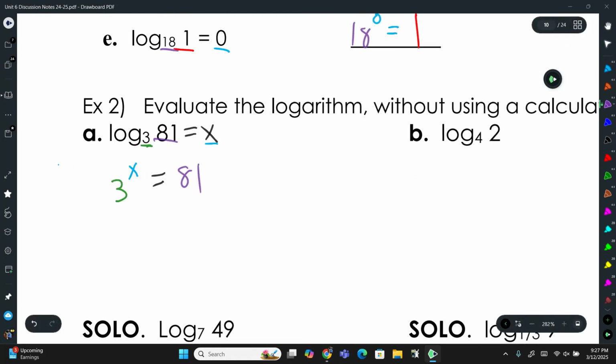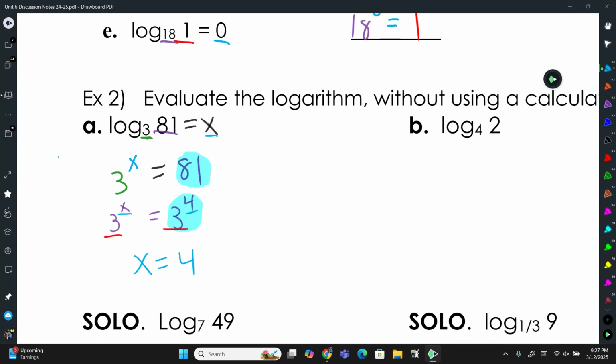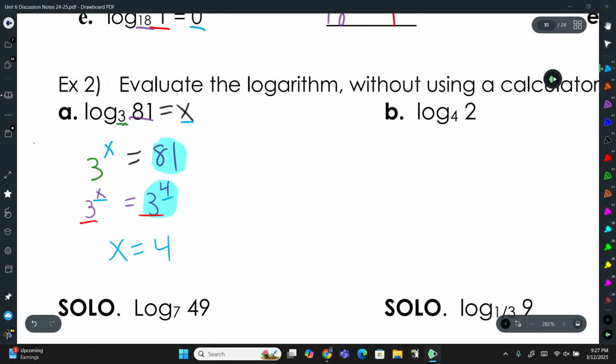Like, we need to know that 81 is 3 to the 4th power, because now the left side is 3 to the x, but instead of writing 81 as 81, we're going to write it as 3 to the 4th. These two are the same. Now, if our bases are the same, that means our exponents have to be the same, so x equals 4. So you do need to remember your powers.